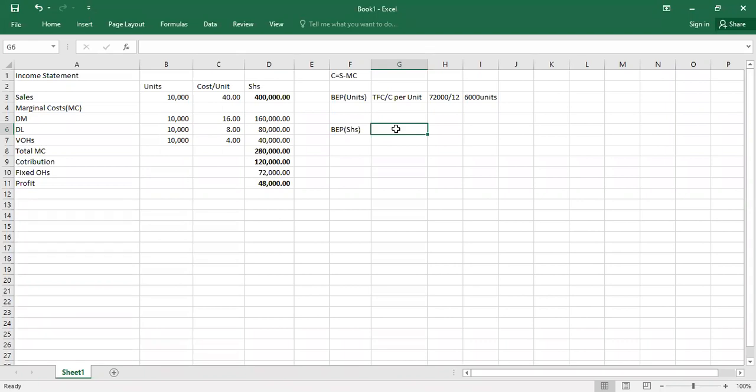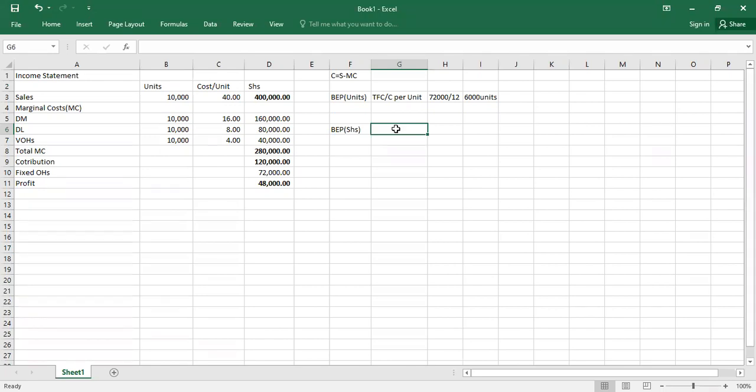You said we get the contribution per unit, not the total contribution. What is the total contribution? I'm asking you, what's the total contribution? 120,000. And then how many units did we produce? 10,000.